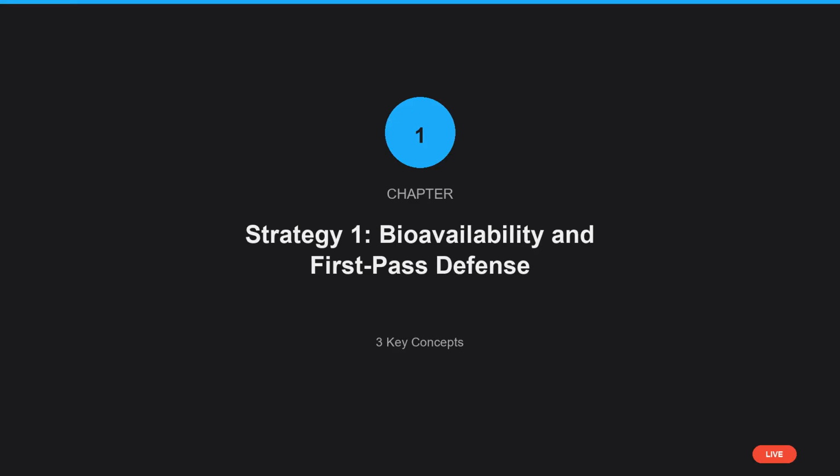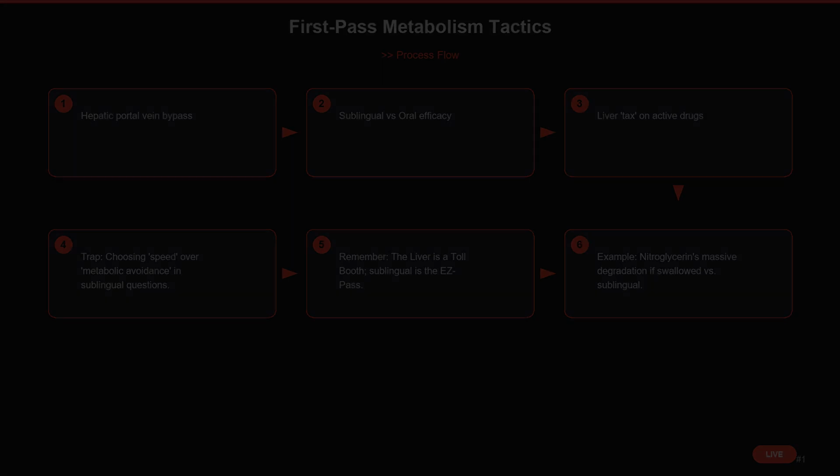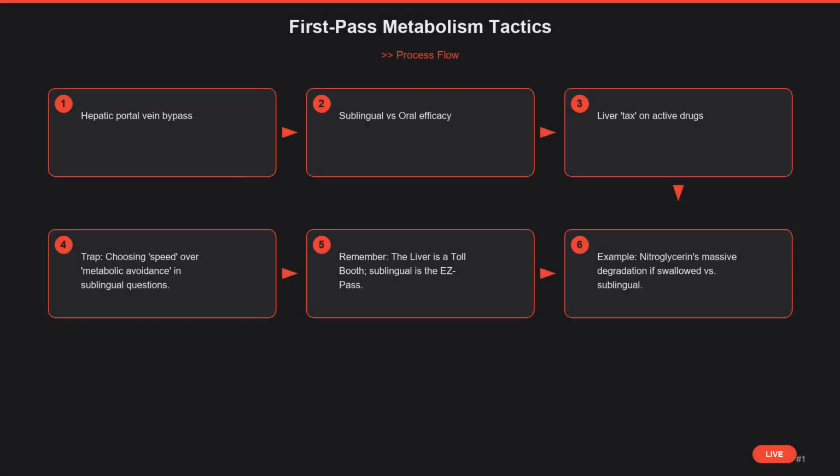Okay, let's start with the foundation of how drugs actually get where they need to go. This is where the examiner loves to play with delivery routes. An examiner will often frame a question by asking why a sublingual tablet is preferred over an oral one for a specific drug like nitroglycerin.